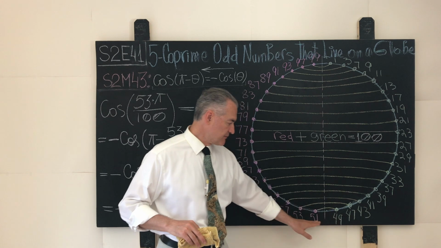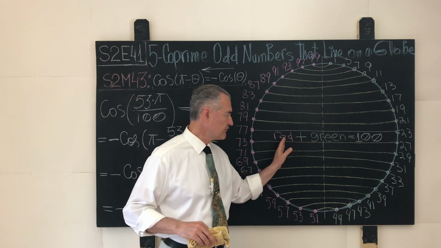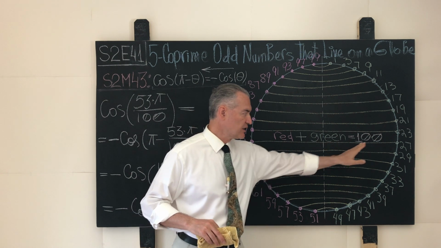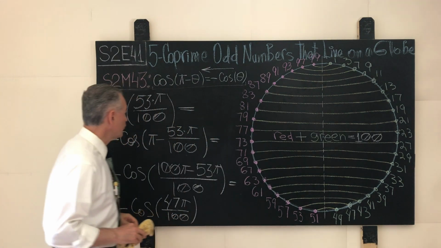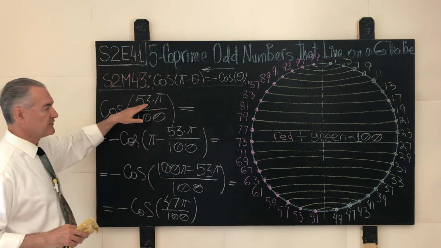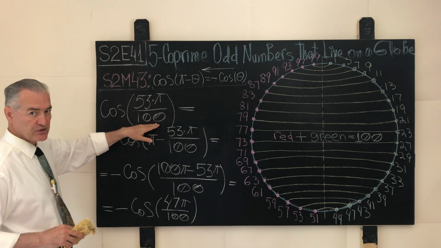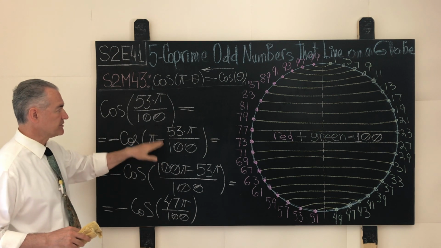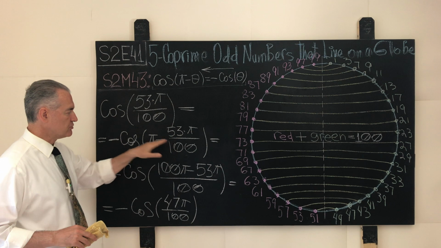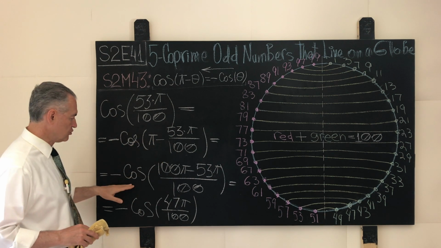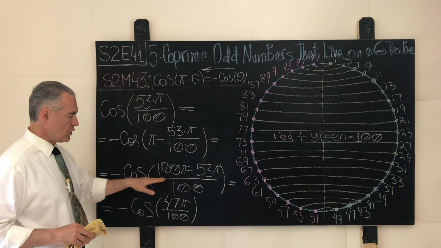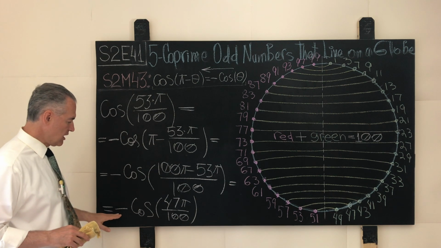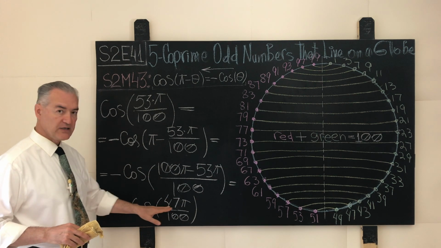And precisely because the red 53 and green 47 sum to 100, when we transform the cosine of 53 times pi over 100, we obtain what? Negative cosine of pi minus the same argument. We bring these two numbers to one and the same denominator, and what do we have? Negative cosine of 100 pi minus 53 pi comes out to negative cosine of 47 pi over 100.